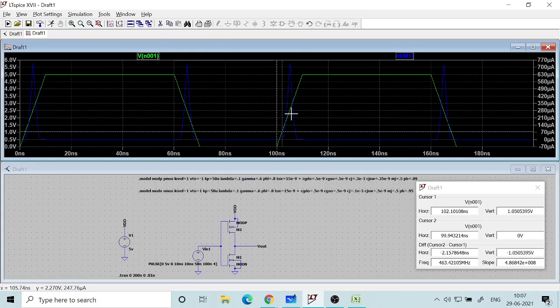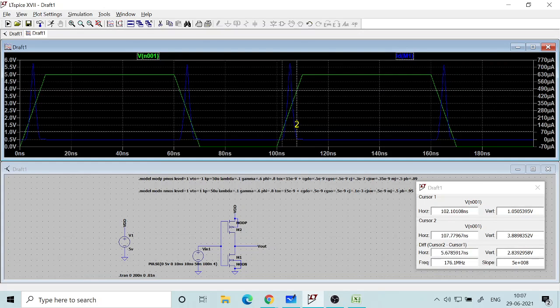Similarly, if you take another cursor and put it on the other end, where current goes to 0, you will get it as 4 volt. So roughly 4 volt. So 1 volt and 4 volt. From 1 volt to 4 volt, in between those 2 points, the current rises and falls back to 0. So that is the short circuit current.